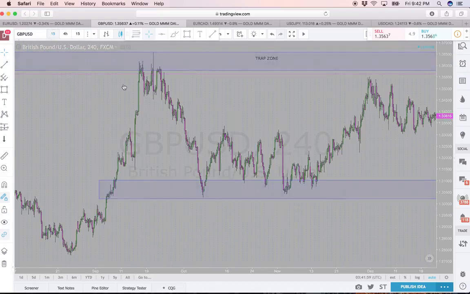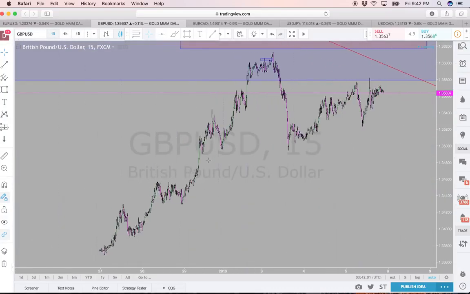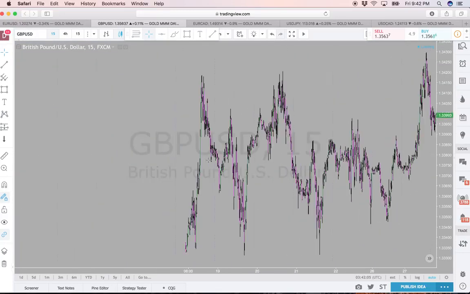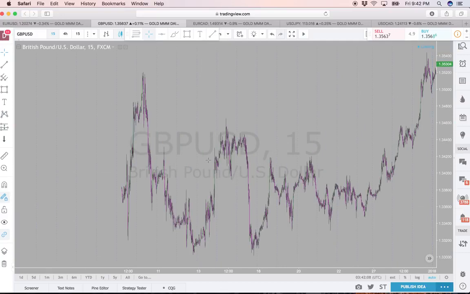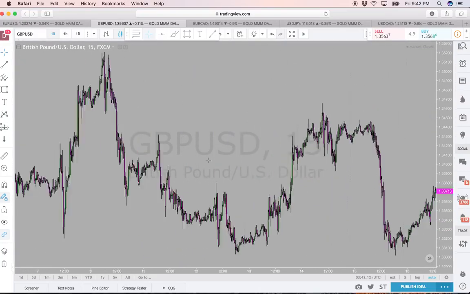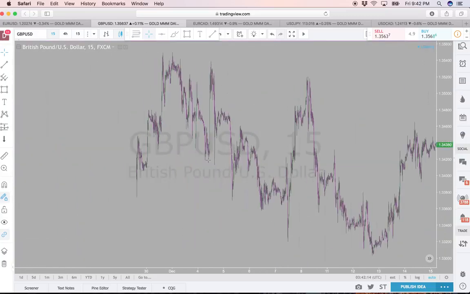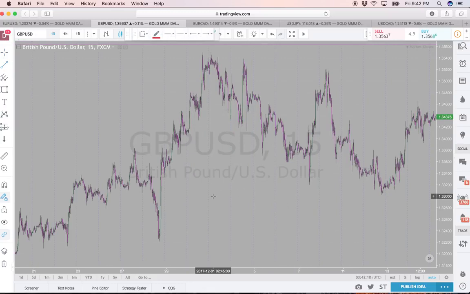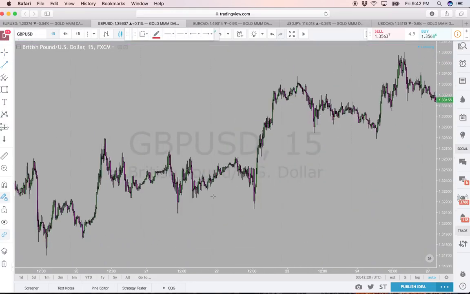Let's see if we can find some signature trades of ours. The signature trade, if you didn't already know, we created this trade. We made it up, and here's a very, very good example.